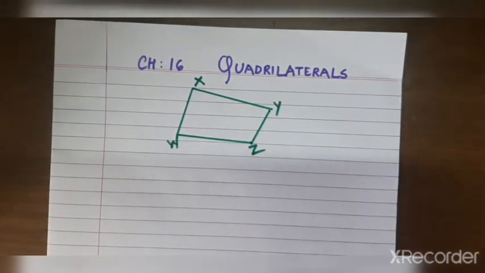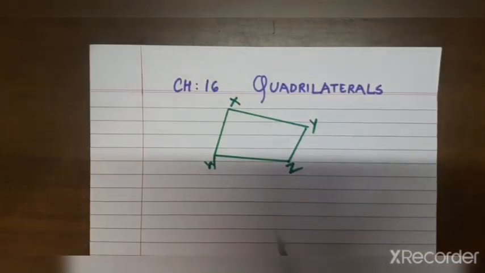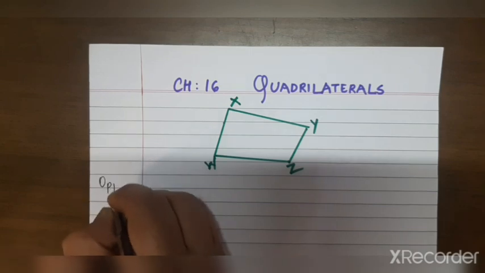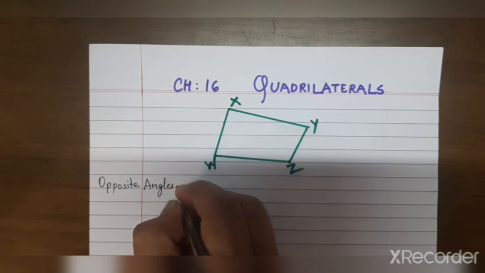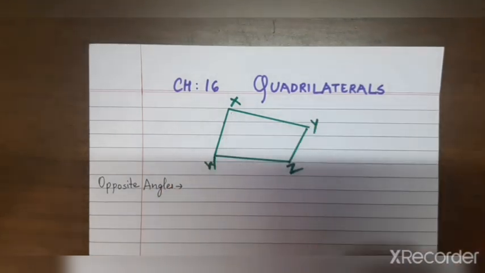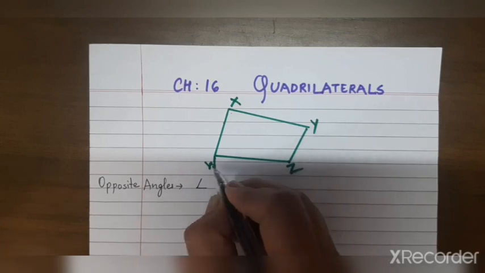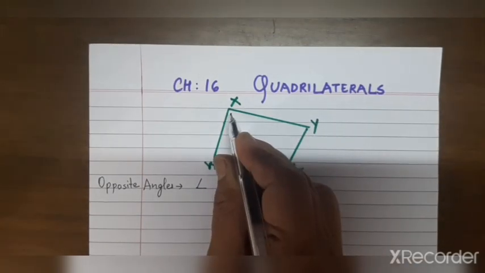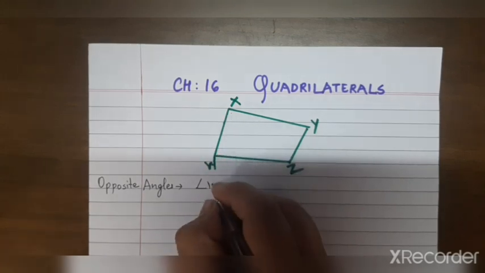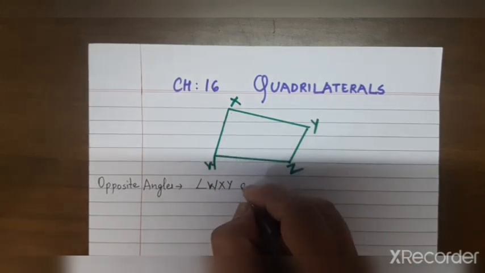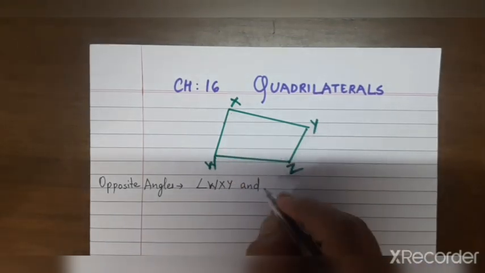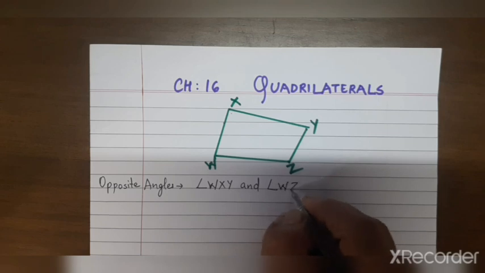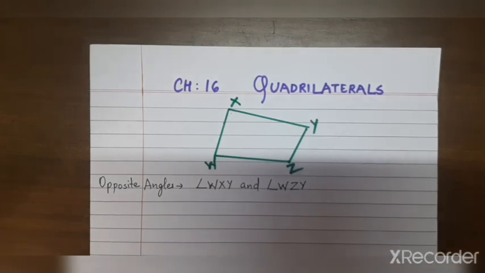So if I am naming this angle, angle WXY, the vertex should come in the center. So WXY. And opposite to that is this, so WZY.